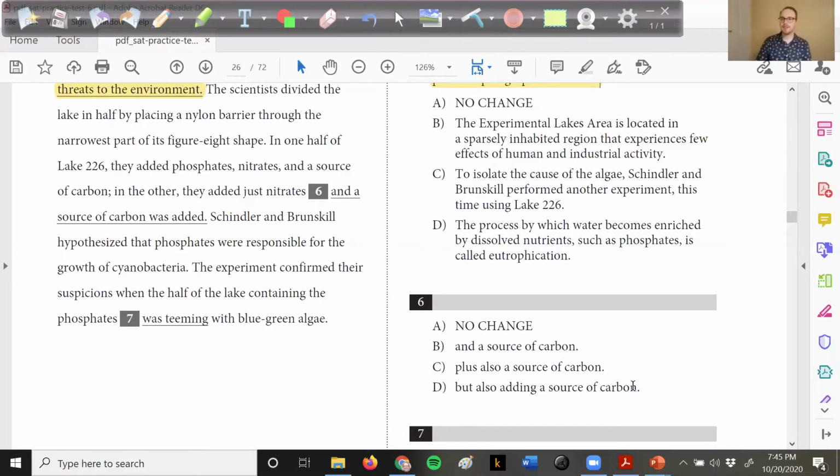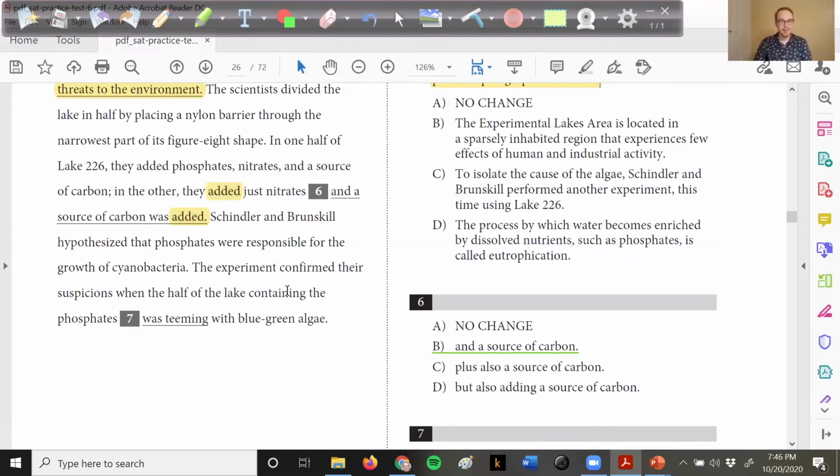None of these are actually grammatically incorrect, but they're all pretty awkward. So in terms of concision, which one says the same thing with the fewest words? It's option B. "And a source of carbon" gets us there. We don't need to say "and a source of carbon was added," because we already have added up here.